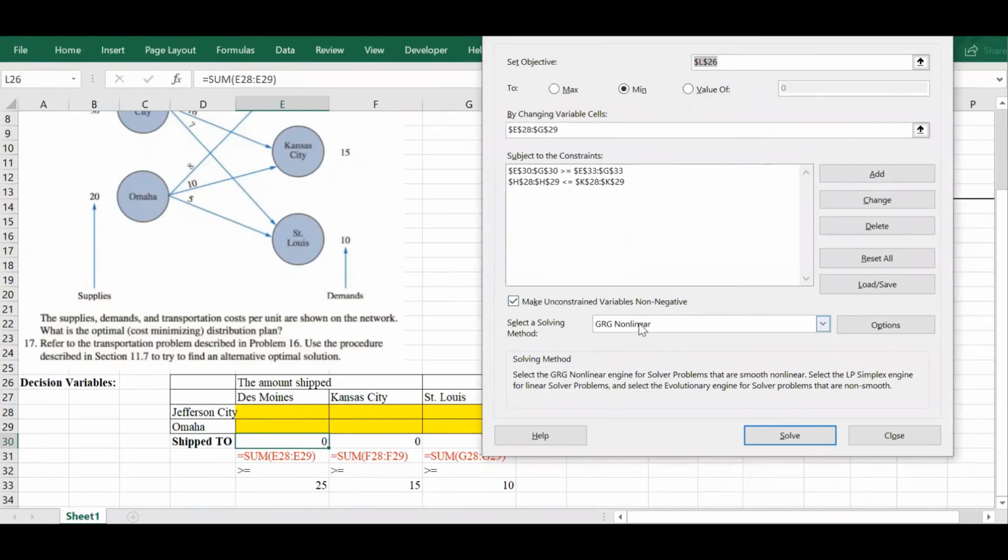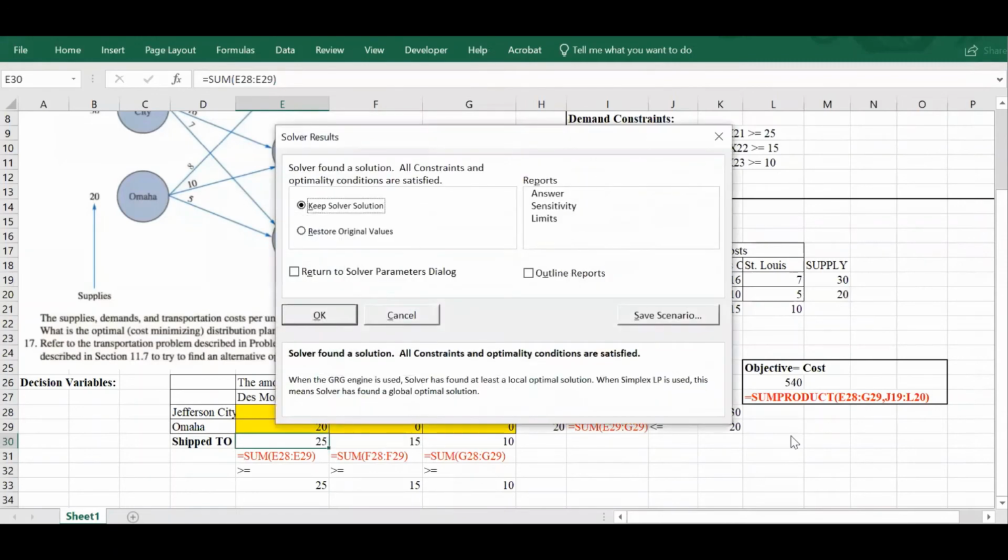And then make sure to change the solving method to simplex LP. And I think we are good to go. Solve it, and again, Excel found a solution, an optimal solution. Let's take a look.